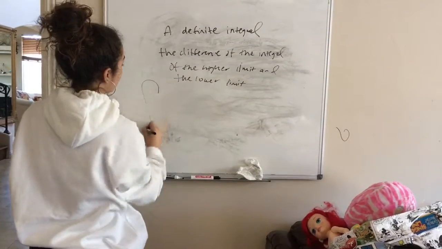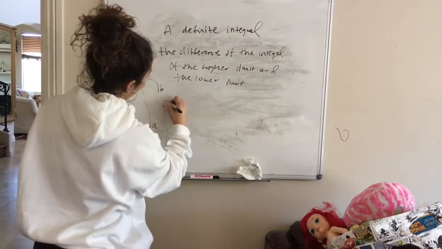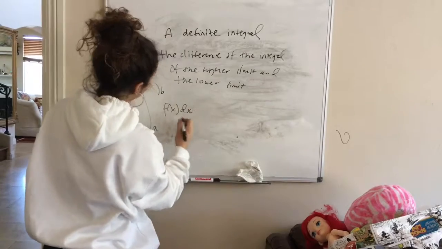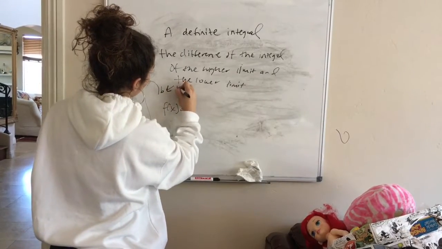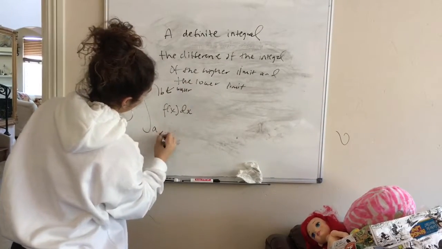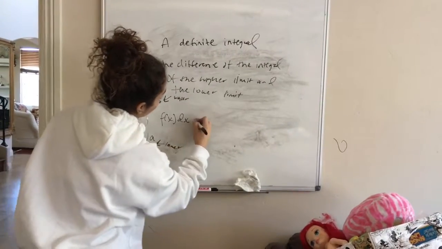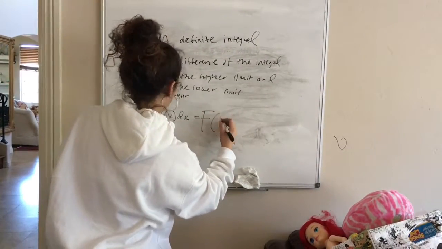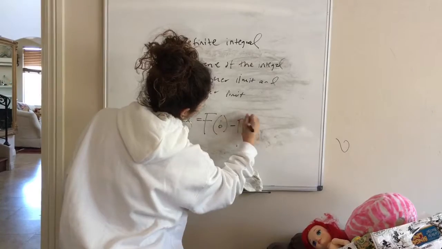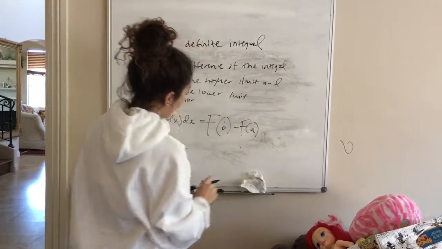And this looks like the integral from a to b of f of x dx, and b is the higher and a is the lower, and this equals the integral at b minus the integral at a.